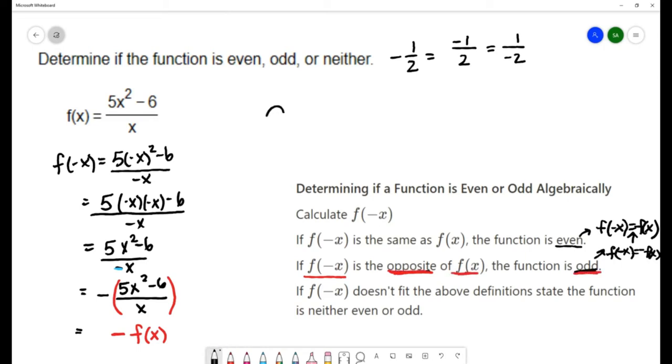So we do have an odd function. Now, just as a side note, this does tell us something about the graph. The graph of an odd function will have origin symmetry.